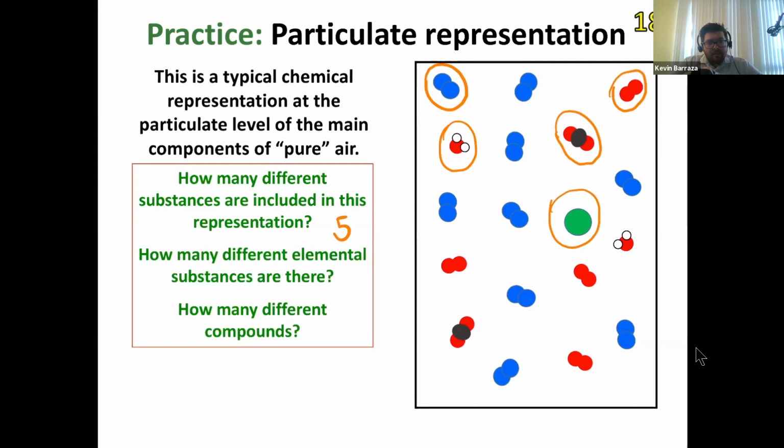How many different elemental substances are there? So let's use a different color. So what's the definition of elemental? Same type of atom in particle.